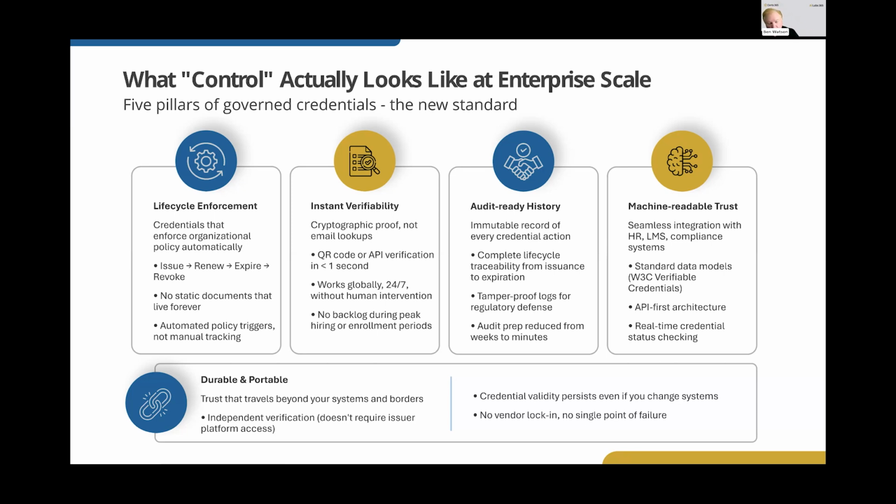When we issue digital credentials, it's done with a QR code that allows you to verify these things. Or if you're doing things at scale, an API of verification. And this is important because we need an easy way to verify these things, ideally a QR code or an API to automate them, and it needs to be available 24 hours a day.